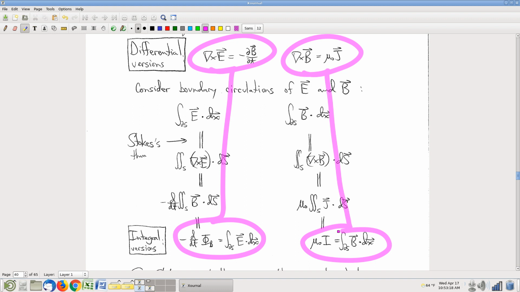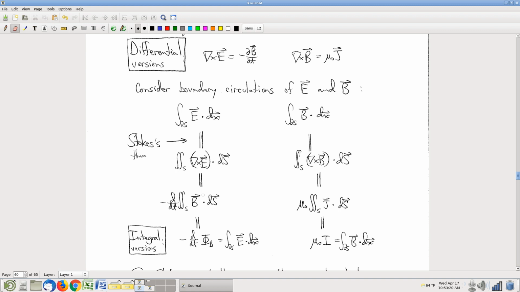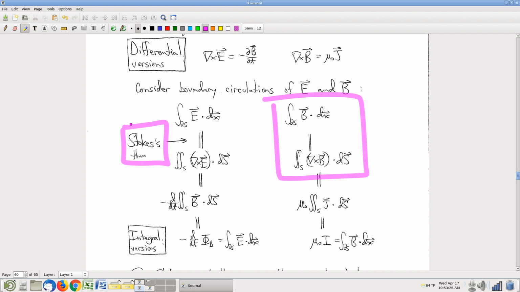Last observation: why do we talk about this in the context of Stokes' theorem? Because Stokes' theorem is the thing that allows you to make this connection. This is the necessary tool that allows you to rewrite that flux as a circulation. So Stokes' theorem makes it easy to see how to connect these two different versions of the theorem.